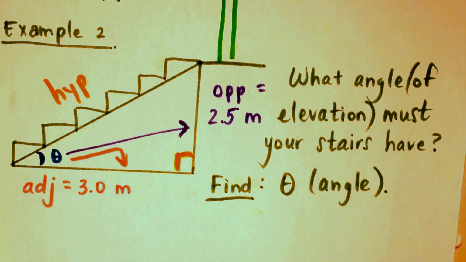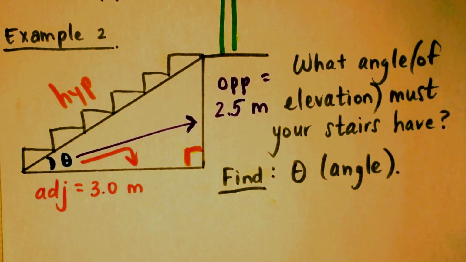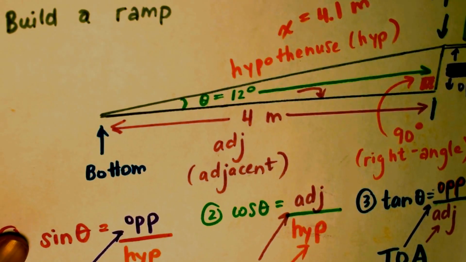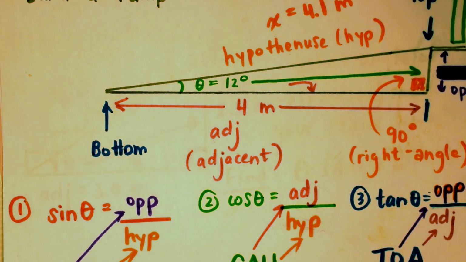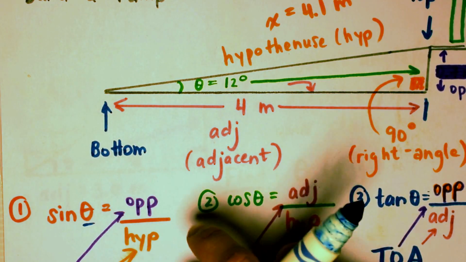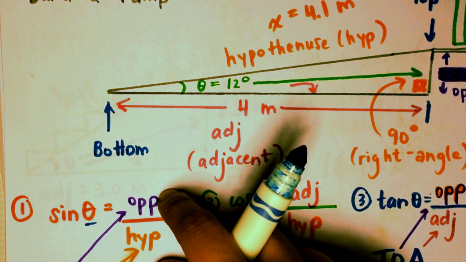For these problems, you will be given 2 out of 3 things. If you notice for our equations here, there are 3 components. We always have our angle, and 2 sides. It's always going to be angle and 2 sides.